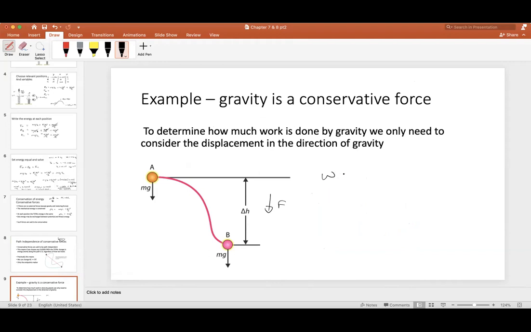So the work is F dotted with delta H. Even though the paths differ, what we care about is the change of H. And if we took this path, both of these paths, the change of H is the same to go from A to B. So the potential energy change is the same going from A to B. It's still path independent, but what we care about is the H.